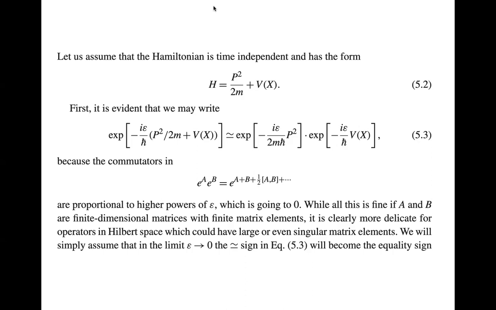The commutation relation between A and B is of higher order, epsilon squared, and because epsilon squared vanishes, we do not need to worry about this commutator here.